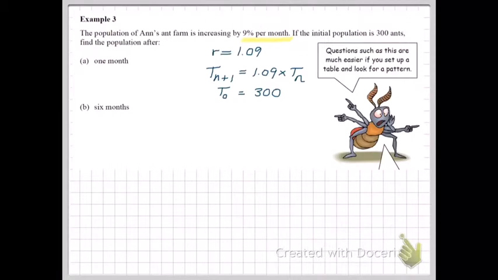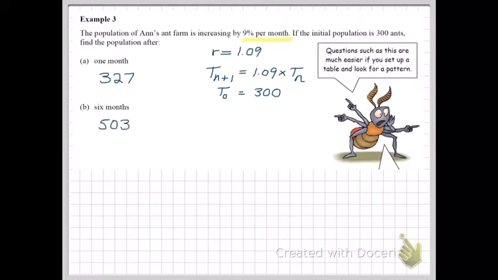Once again, the initial amount is not T1, which is the amount after 1 month. So again, with your ClassPad, make sure you enter the correct parameters. And after 1 month, you'll see that the answer is 327, and after 6 months, 503.